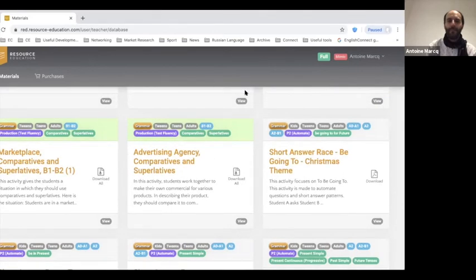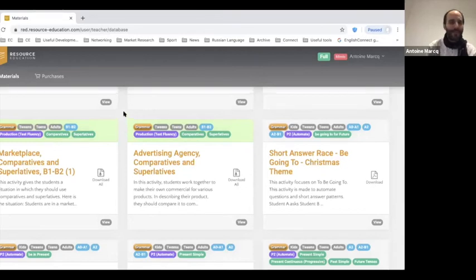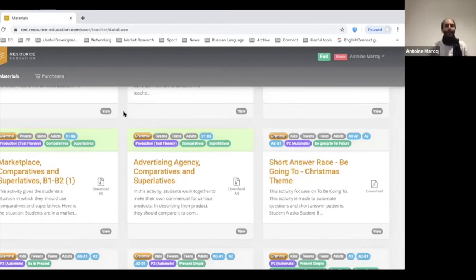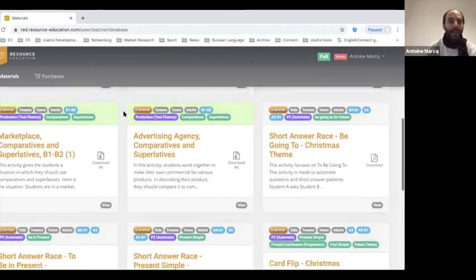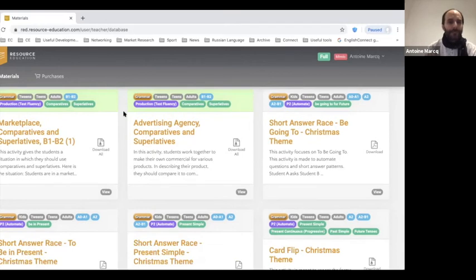All clear? All right, let's move on to comparatives. We've got about 15 minutes left because we've added also a lot of, there were a lot of requests from teachers for more comparative and superlative activities.